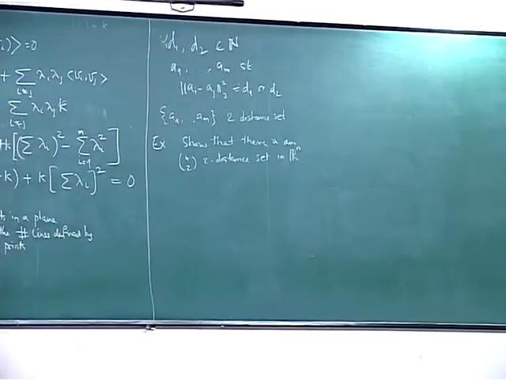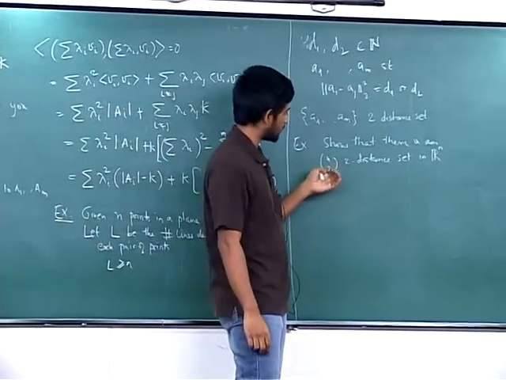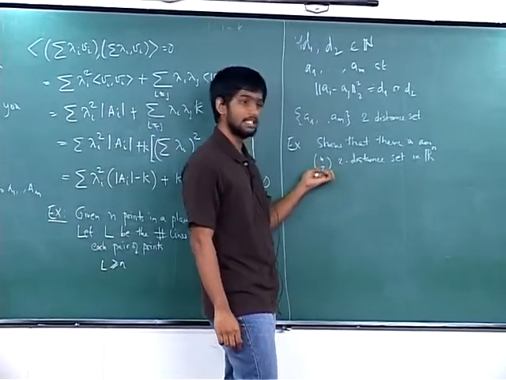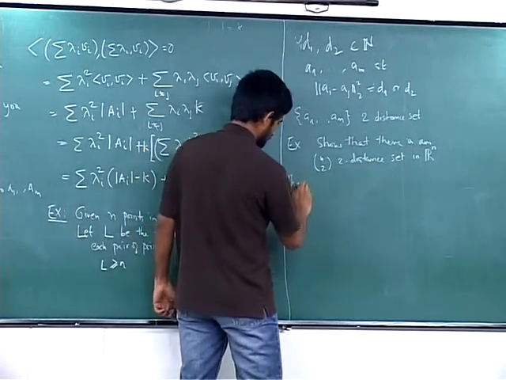Now what we are going to prove is that you can't do much better than this. This is sort of the best that you can possibly hope to do. So what we want to prove is this.